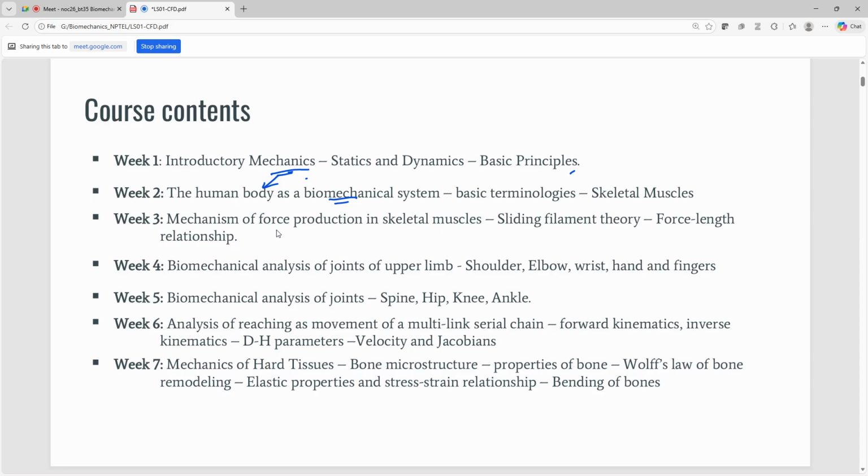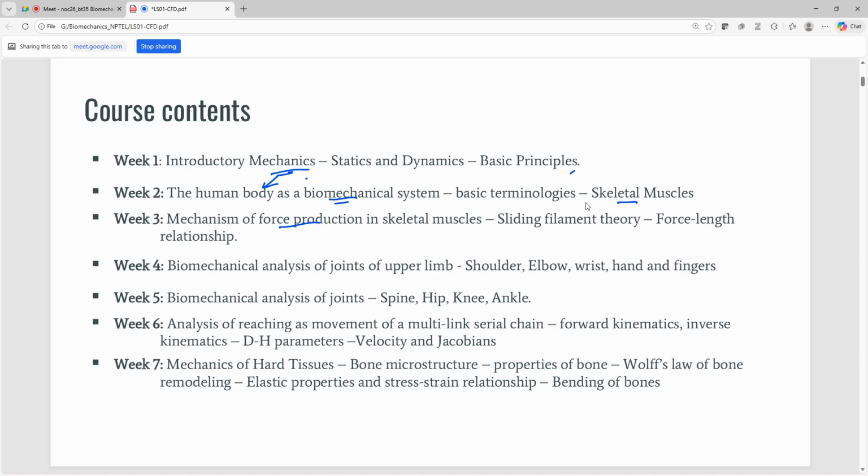And in the third week, it's what I already told before: how this force production happens in skeletal muscles. There are different types of muscles, and particularly skeletal muscles. Skeletal itself means giving shape.